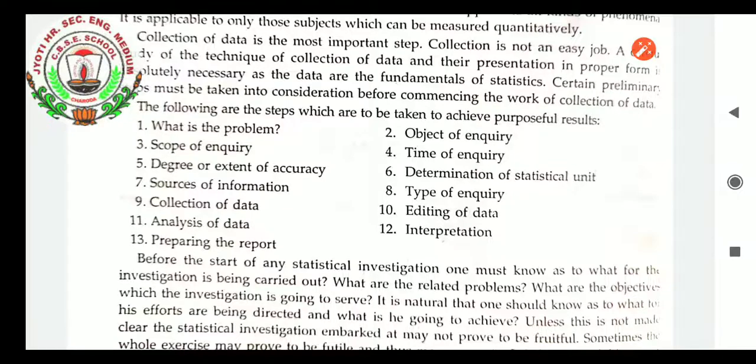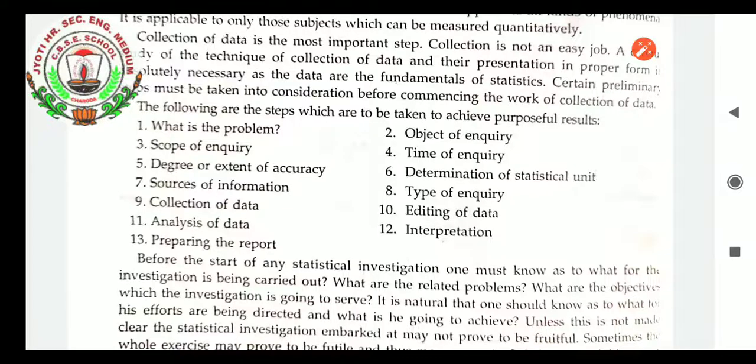What are the steps? Very first, the aim for which we are making a collection of data, means what is the problem. Second, object of inquiry: why we need to collect the data for such a type of investigation. That object must be clear. Scope of inquiry: to what range we can make the inquiry.